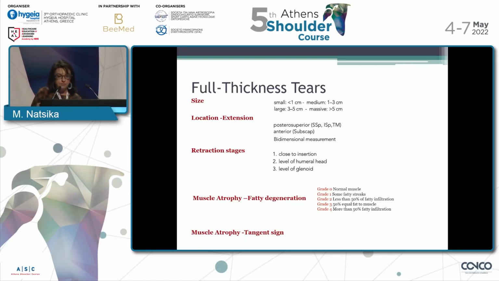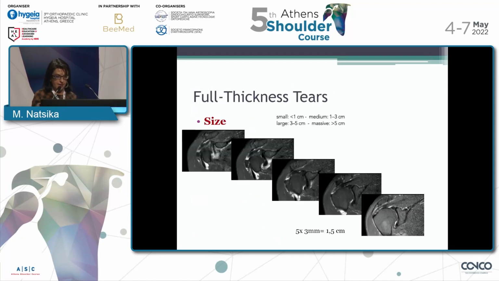We also divide them, and we have to categorize them when we are talking about which size the lesion has, its location, at which stage of the retraction the lesion is, and whether it is accompanied by muscle atrophy, and we can measure it by looking at the quality and also the quantity of the muscle.